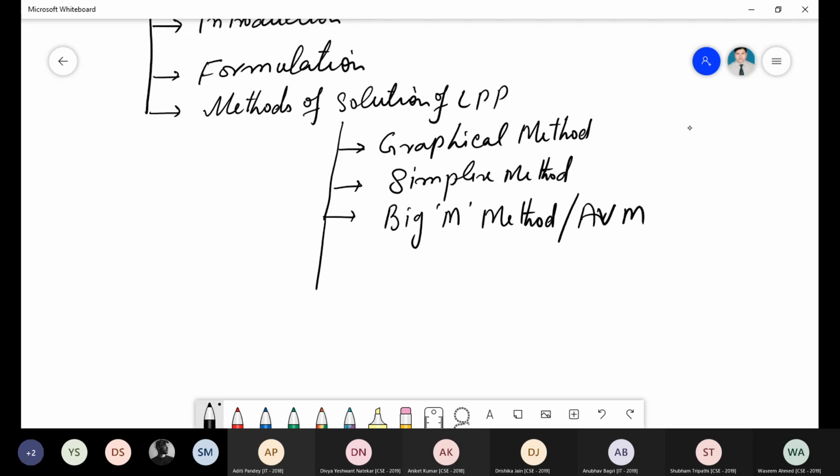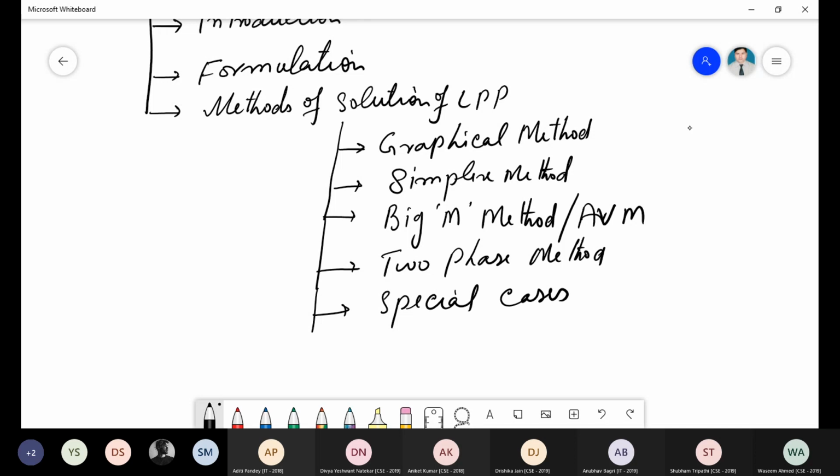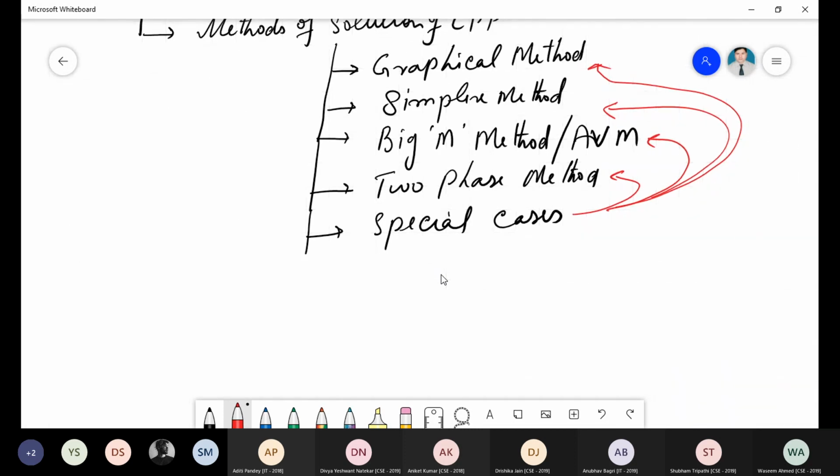Then we go for the two-phase method. And there are some special cases. Sometimes these special cases can be applied in the simplex method, and also in the graphical method. So the special cases will be everywhere, under these different methods.